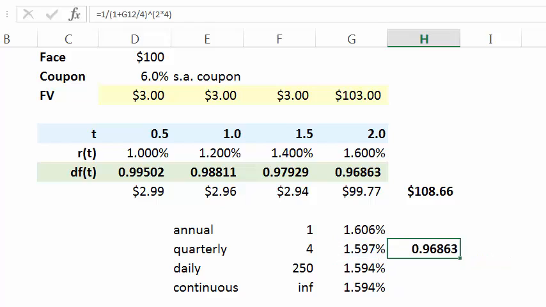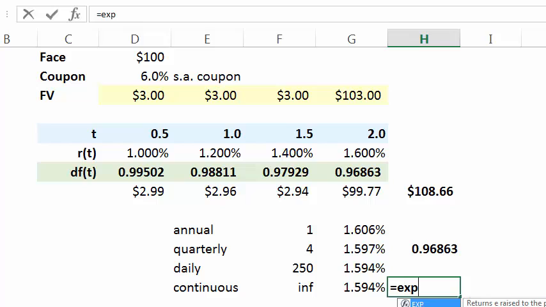And I should get the discount factor for 2 years and see how it matches. Similarly, if I come down to continuous and I know that I have a 1.594% interest rate per annum with continuous compounding, then my discount factor is going to be the exponential of -2, the rate here, times the 2 years. And I get the same discount factor.